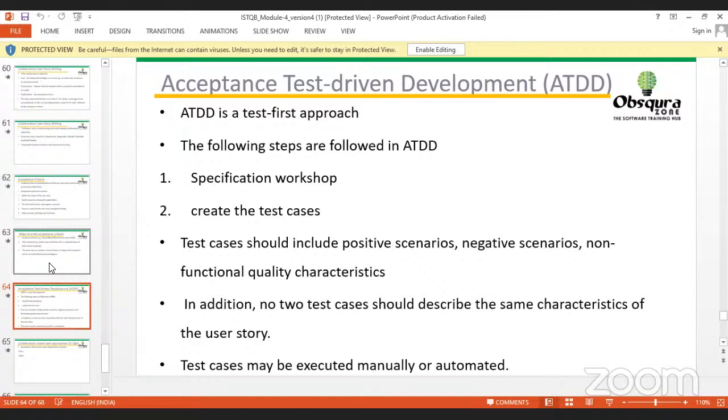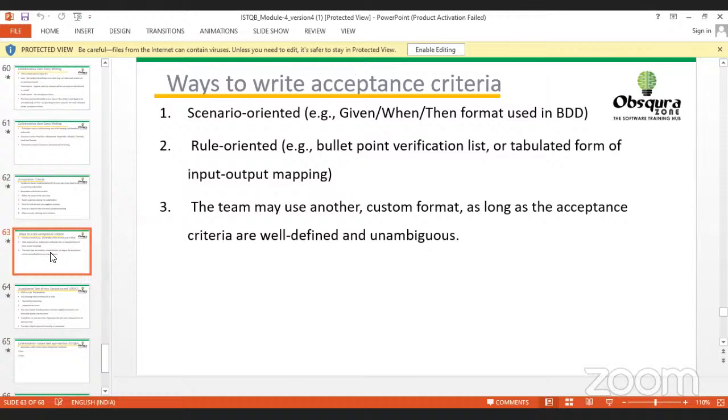What's that BDD? BDD means behavior driven development. You will come across that in the agile classes, and it will be more clear when you go through that module. Okay, the given, when, then format is used in that type of approach.